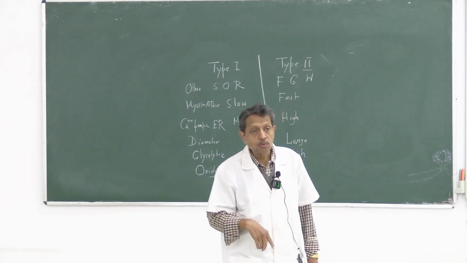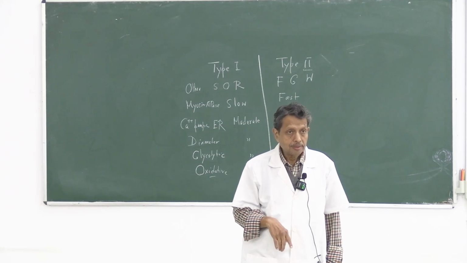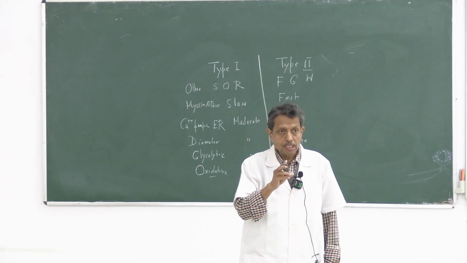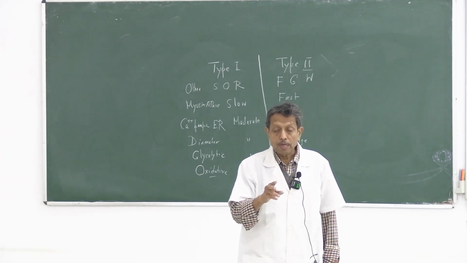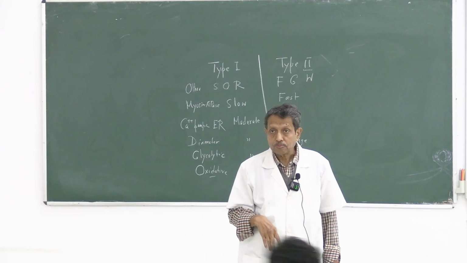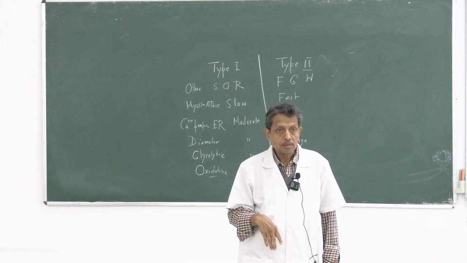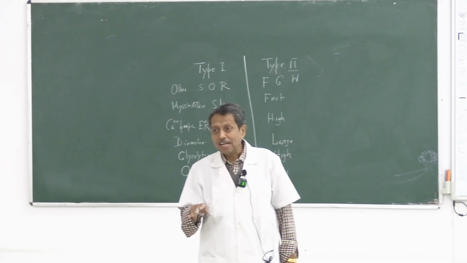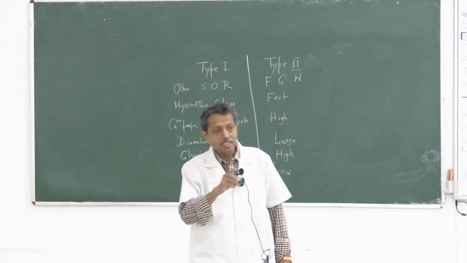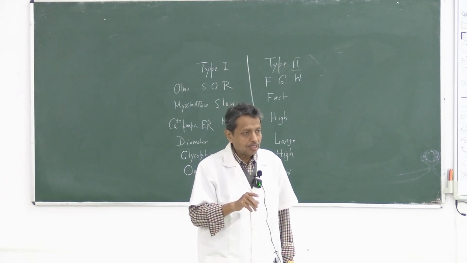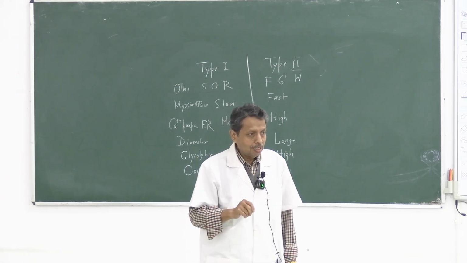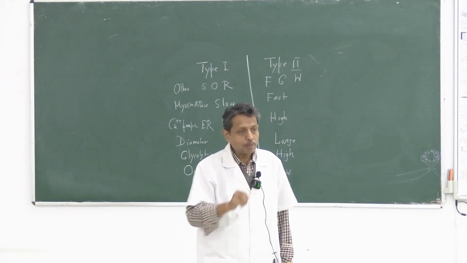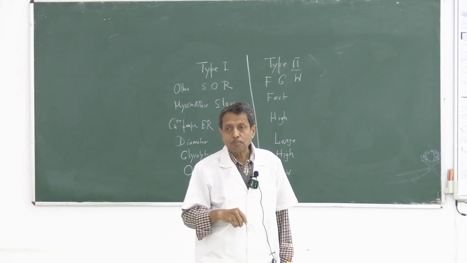Pyruvate is converted into lactate. Whenever oxygen deficiency is there, as for example whenever there is repeated contraction, and within the short time oxidative process or mitochondrial oxidation is not sufficient, so there must be a mechanism for supplying energy quickly for that period, and it is by anaerobic process.